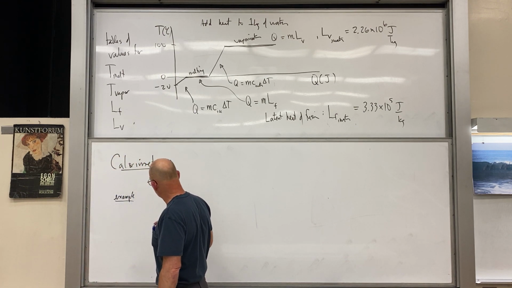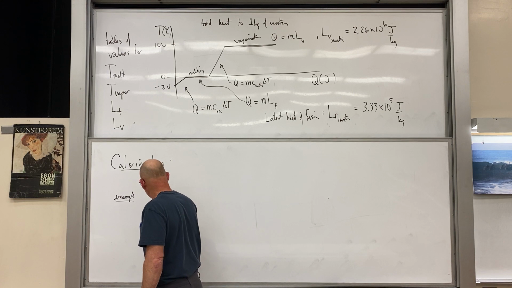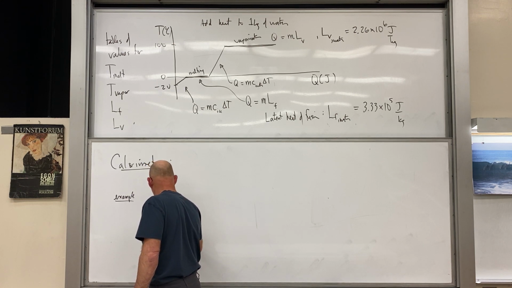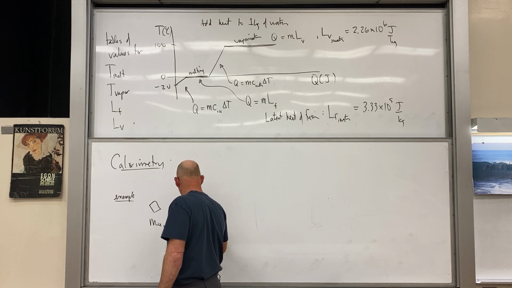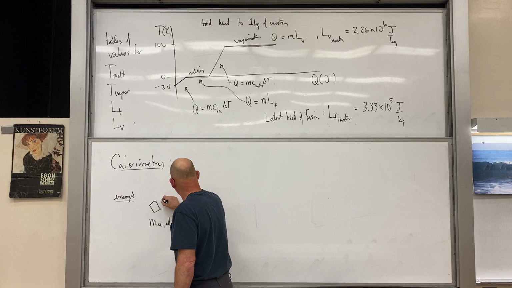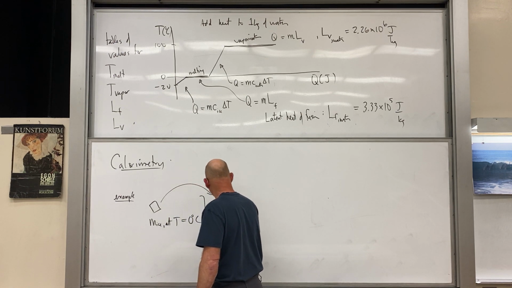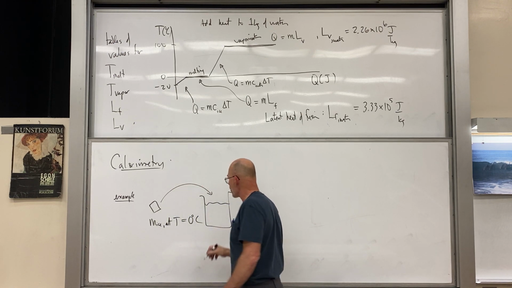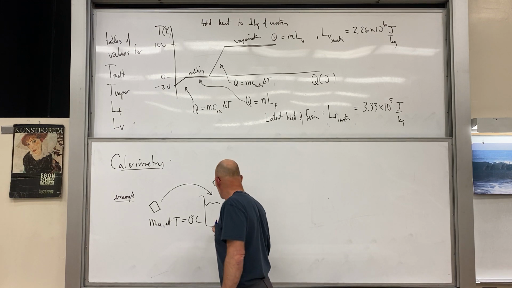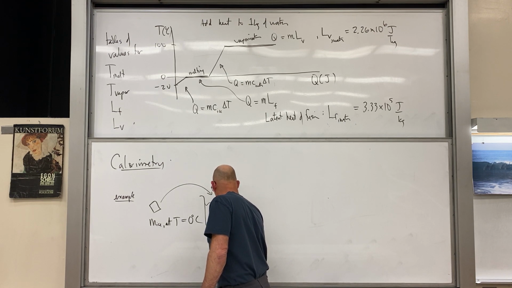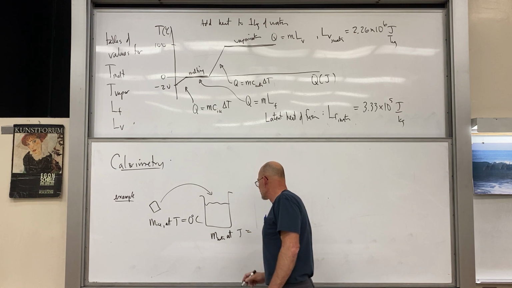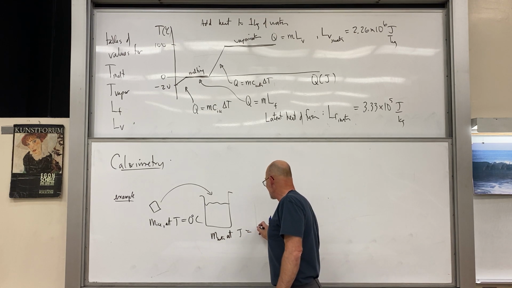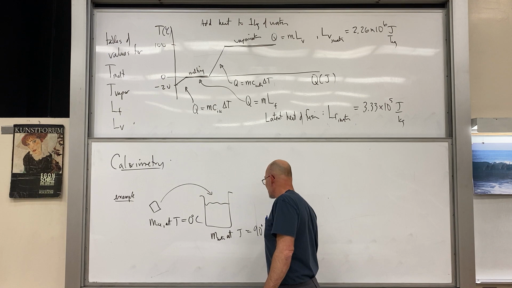Suppose I take ice, mass of ice at T equals 0 degrees Celsius, and I'm going to dump it in a beaker of water, so mass of water at, say, T equals 90 degrees Celsius.